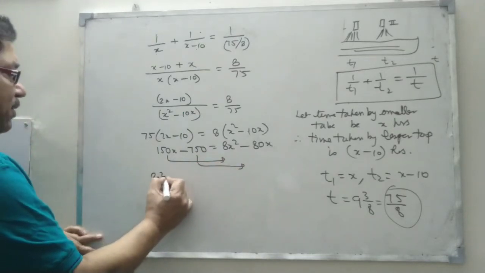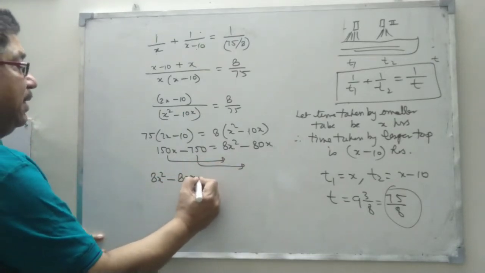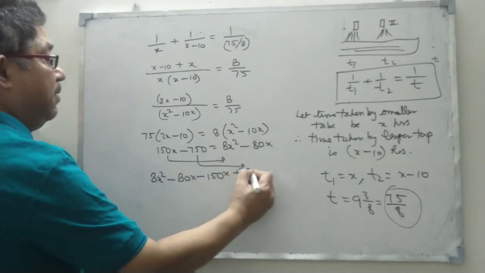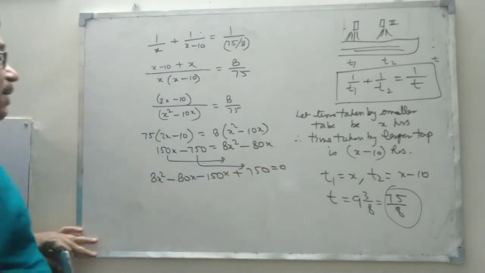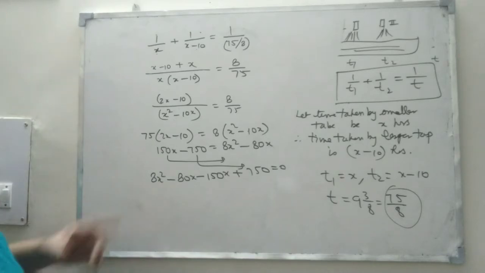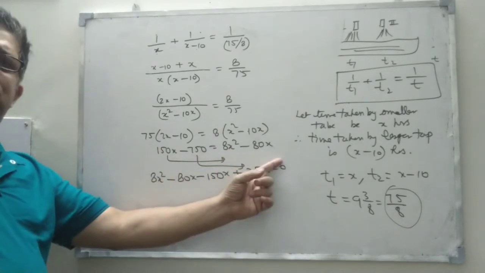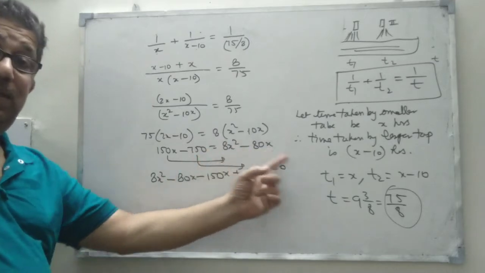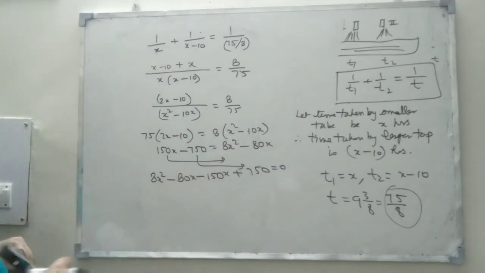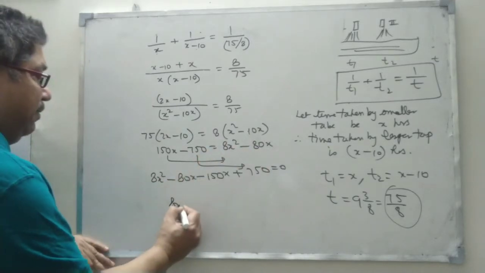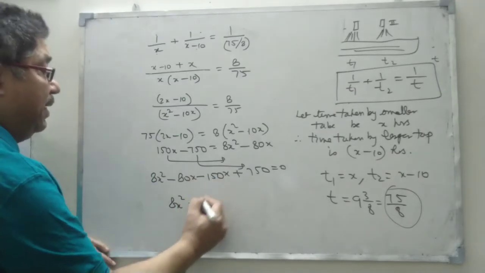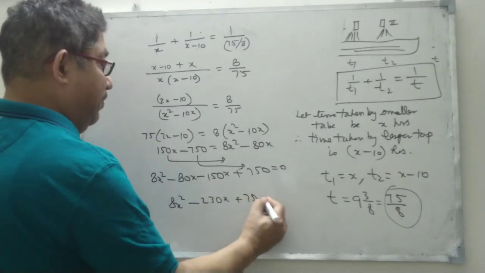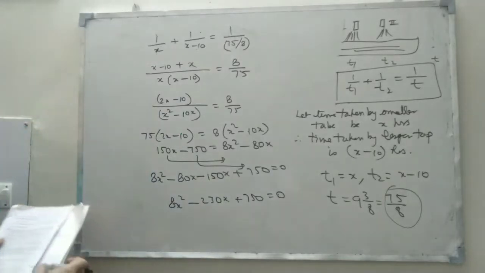What I get? 8x square minus 80x minus 150x plus 750 equal to 0. 150 on that side it goes, becomes minus 150. 750 on that side is minus 750, on this side it goes, becomes plus 750. 8x square, 80 and 150, 230x plus 750 equal to 0.